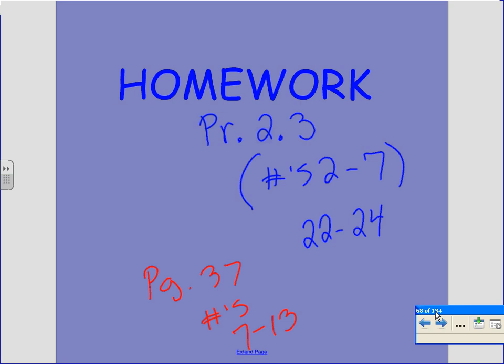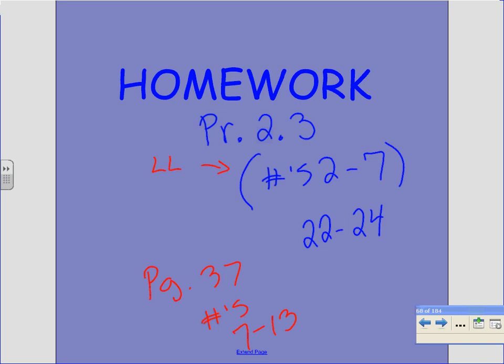Now, here's what I need to clarify with you guys. On numbers 2 through 7, I want you to put these on loose leaf or in your notebook. So I'll say that again. For numbers 2 through 7, I want you to put on loose leaf or in your notebook. What you need to do is you need to list, just like we did in class, the like terms, the coefficients, and the constants.